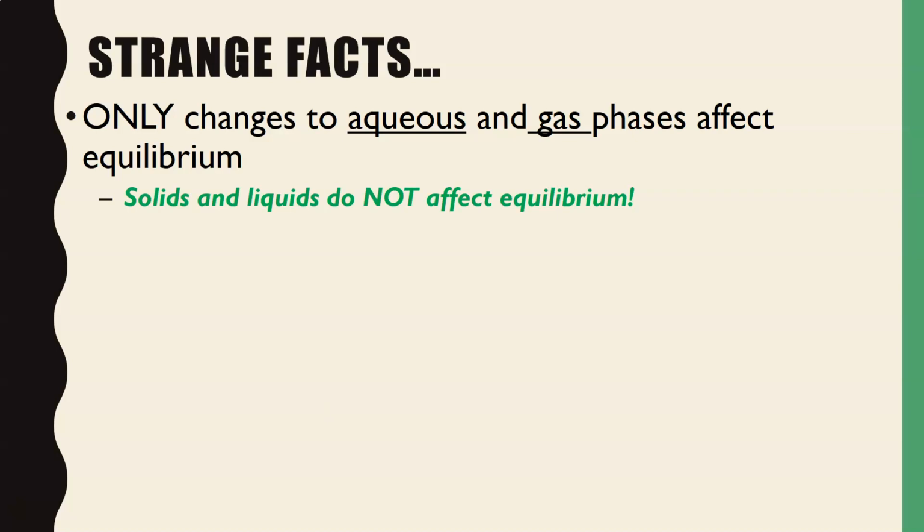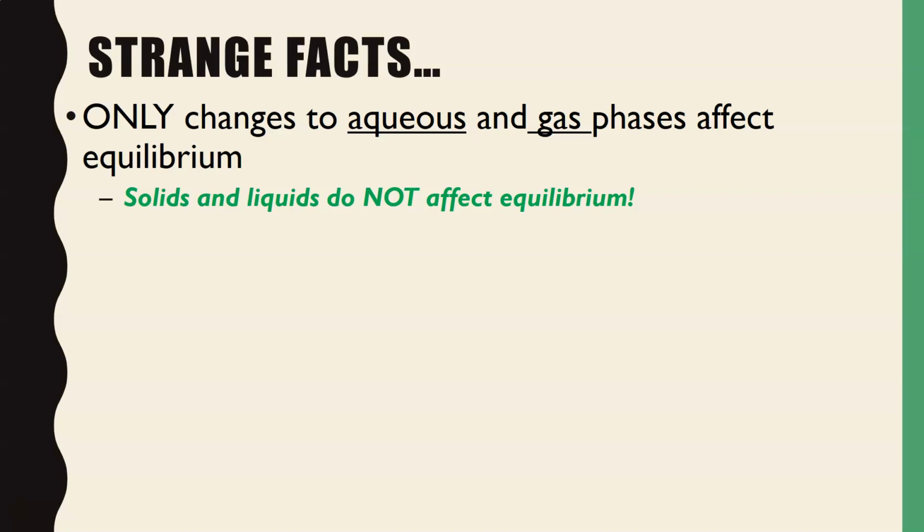If you add more of a solid, yes, you can make more quantity of product, but your ratios of things are not going to change, and the point at which the forward and backwards reaction take place is not going to change. You have to be very careful that you don't mix up the question about the quantity of substance that can be made and the rate at which these things are being made and the ratios of these chemicals to each other.